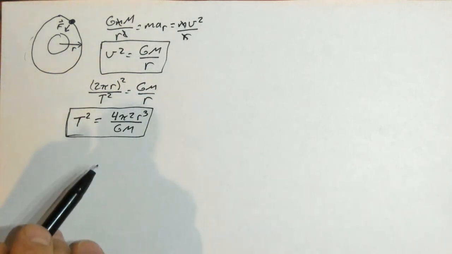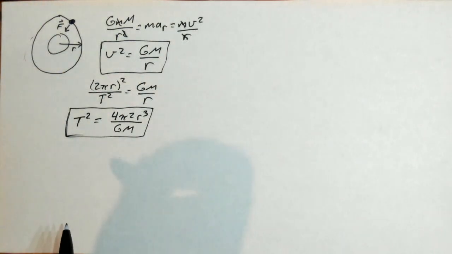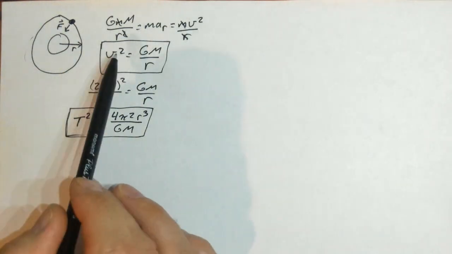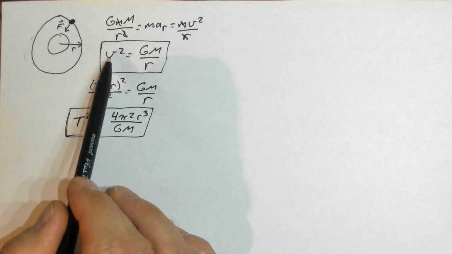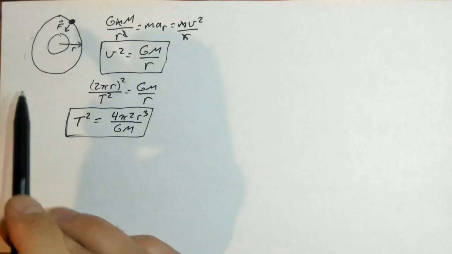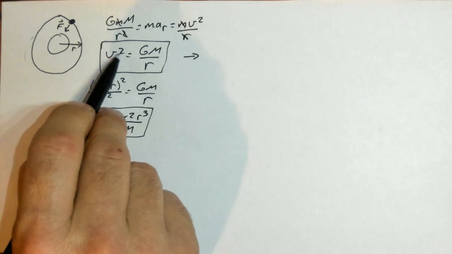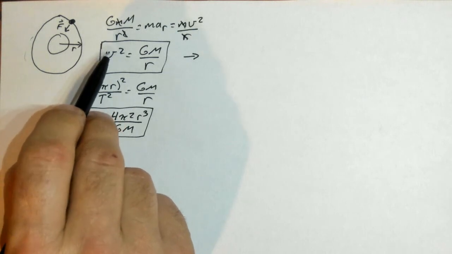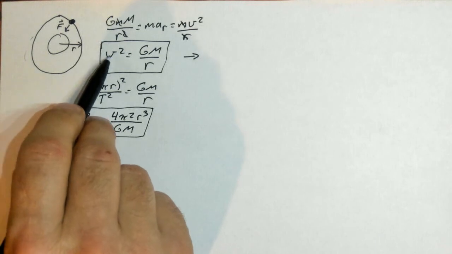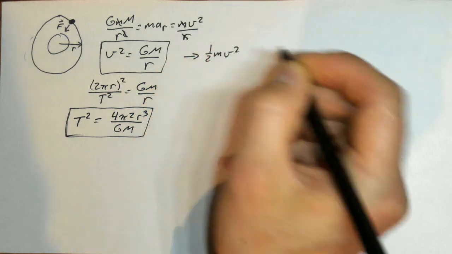Okay, now another one that I want to look at, applying these ideas, is the relationship between this velocity and the potential energy of a circular orbit. This is really interesting. Okay, so I'm going to go this way now. V squared is connected to kinetic energy, right? If I multiply this by 1/2 m, I get a 1/2 mv squared.